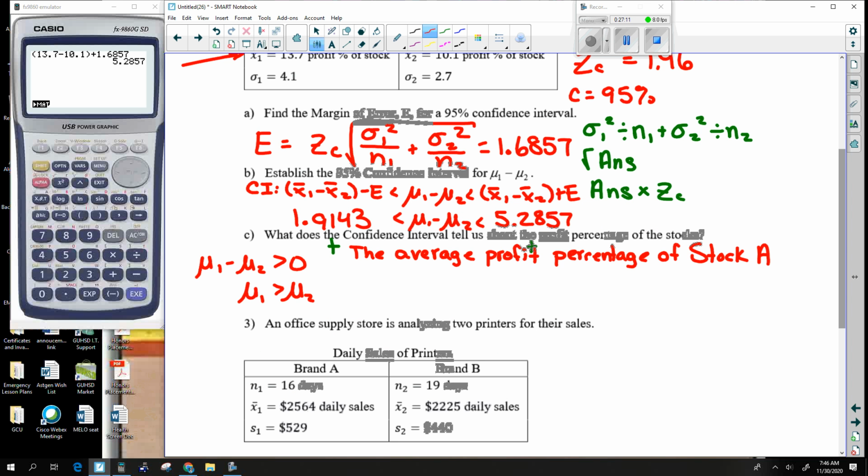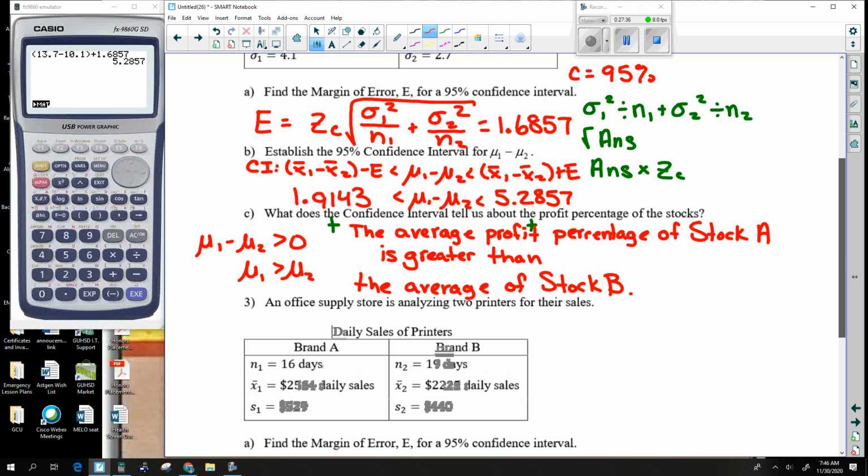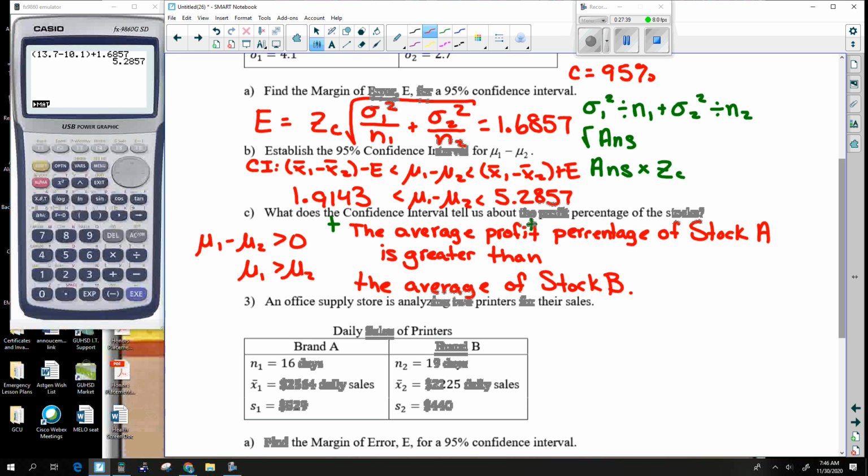So the average of 1 is greater than, it's defined as stock B. So the average of 1 is greater than the average of 2.